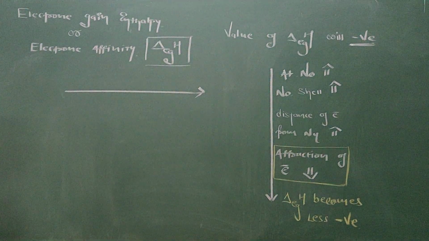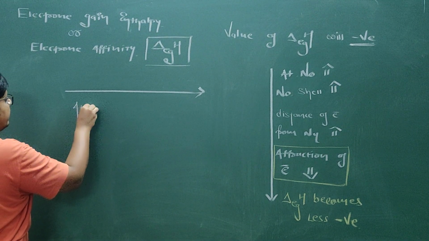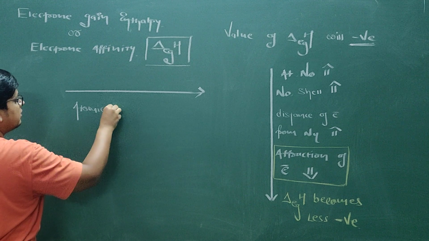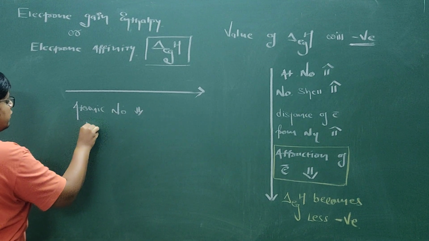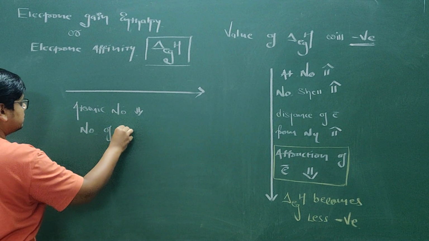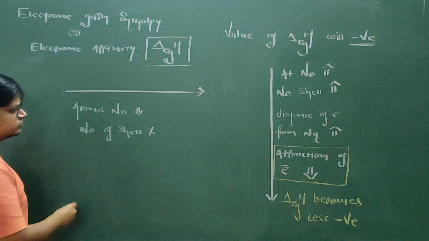So when we are shifting from left to right, what will happen? Atomic number increases. The number of shells does not increase. It remains as it is, as you all know.